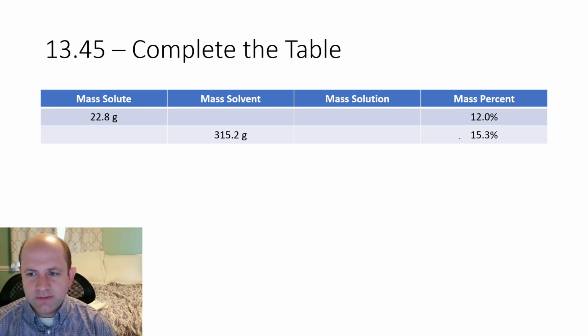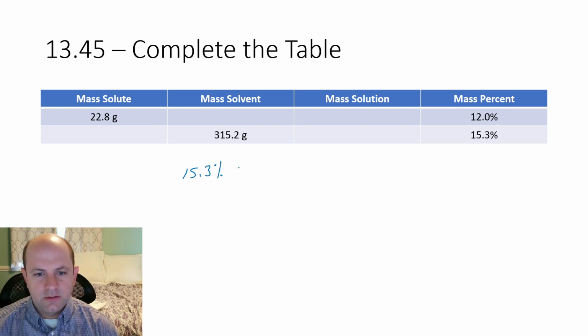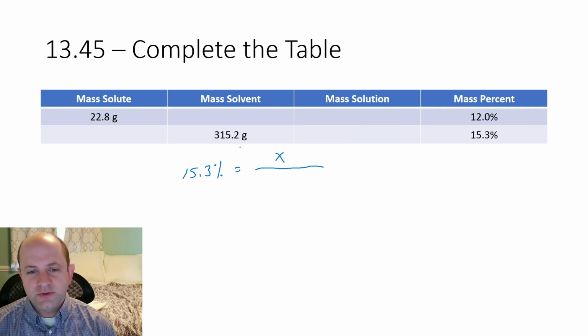Here they give us the mass percent and the solvent, but we've got to get the solute and the solution. So if we set that up, we'd say 15.3% is equal to the solute, which we'll call X, over the whole solution. Well, I don't know that number, but I do know it's going to be the 315.2 plus the X, right?